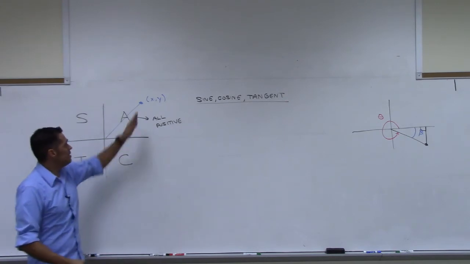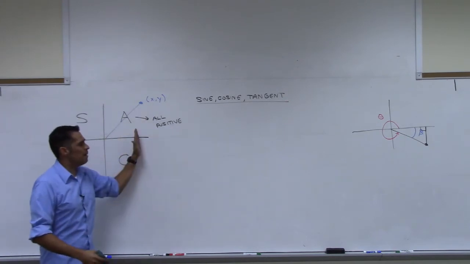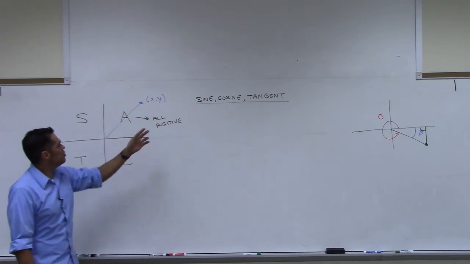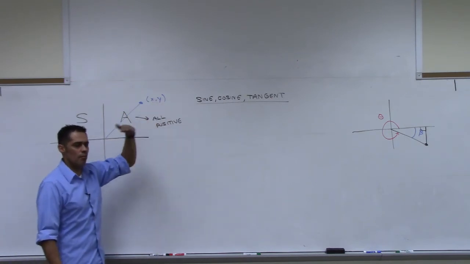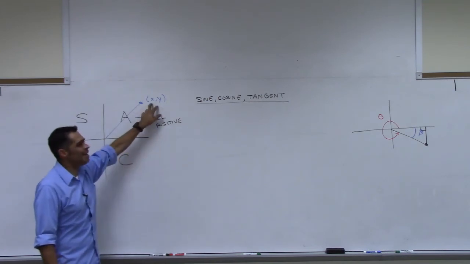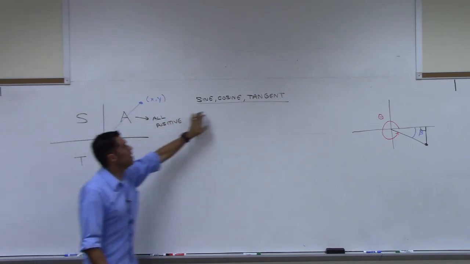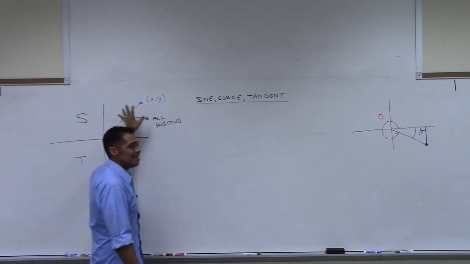If I do cosine, it's x over the radius. X is positive, r is positive, ratio should be positive. And then tangent is just the ratio of these two, right? Y over x. If these are both positive, the ratio should be positive. So all three of these trig functions are positive here.